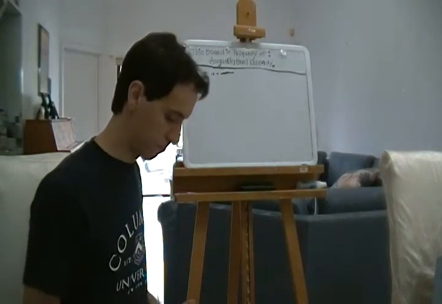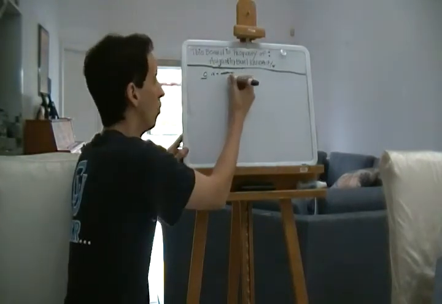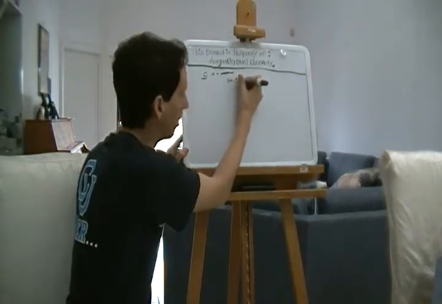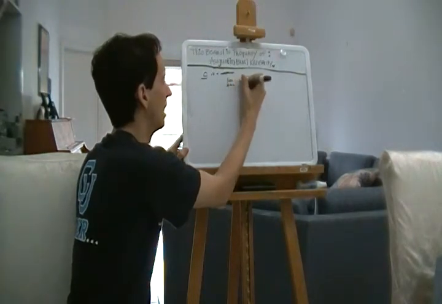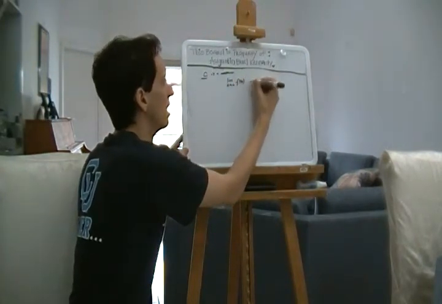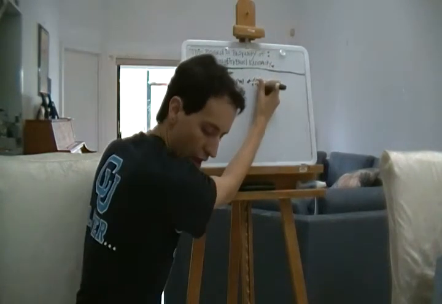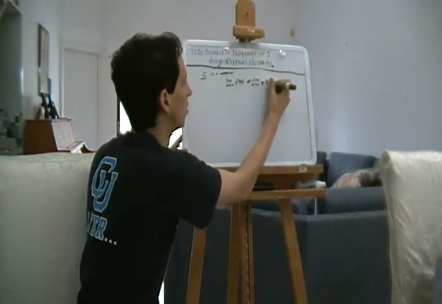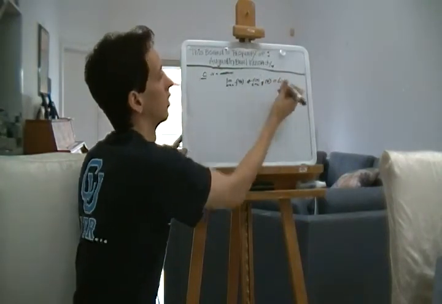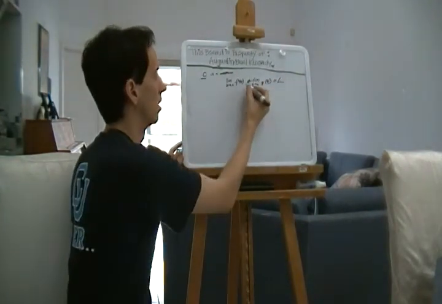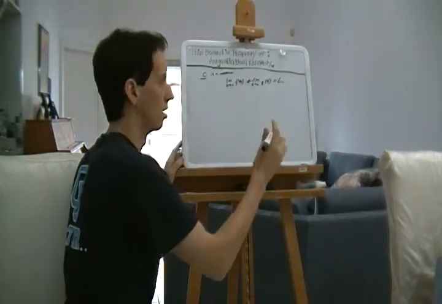And we want to assume that the limit as x approaches a of f of x and the limit as x approaches a of g of x both exist. We want to make sure that they both exist.